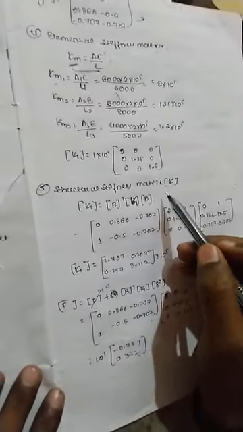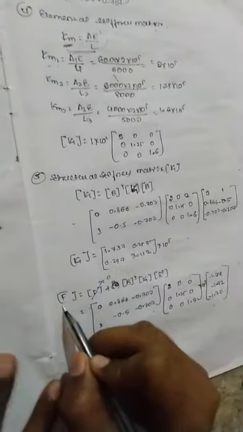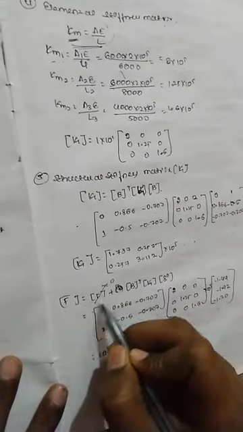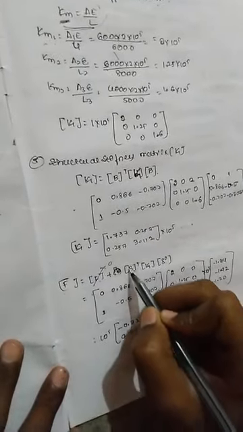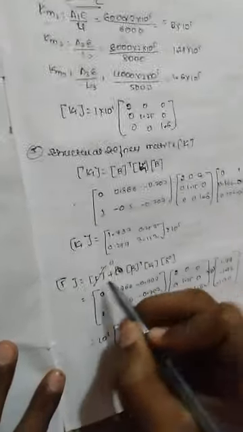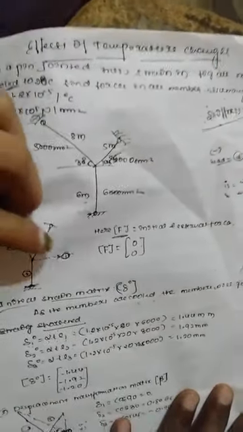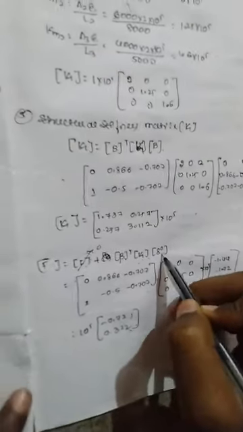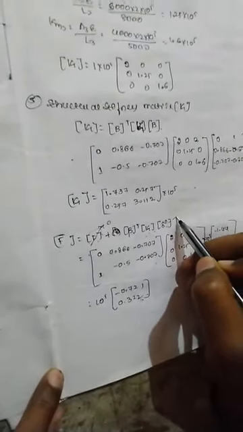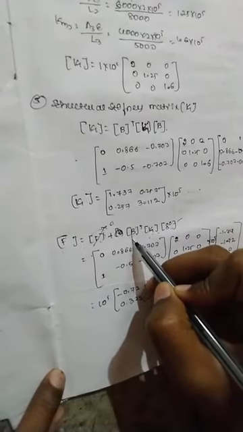In the structural stiffness matrix, we have to find this formula: F bar is equal to F into beta into K into delta naught. Here F is 0 because initially there is no external force, so it is 0. Next we have to calculate the K, beta and delta values. We already calculated delta and the beta matrix.